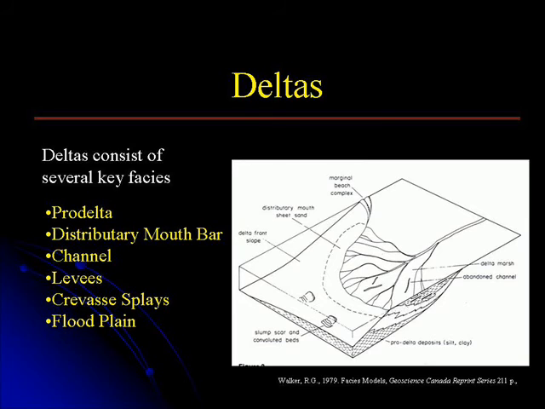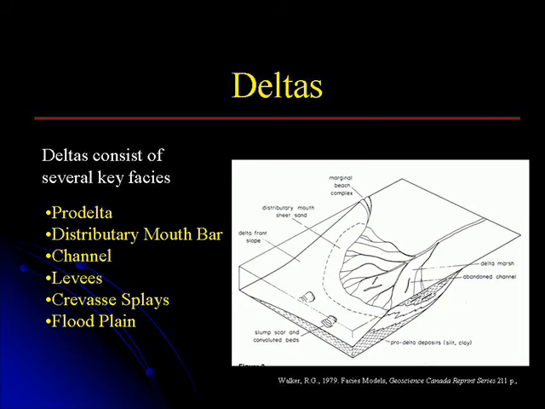If you are a geology major, or if you are interested in studying deltas in more detail, you need to be aware that there are subcomponents for these deltas, ranging from the floodplain, where fine-grained material will be deposited on the edges, very much like it does in a river, to distributary mouth bars. This is where you get big bodies of sand that are deposited right where the river meets the actual sea.